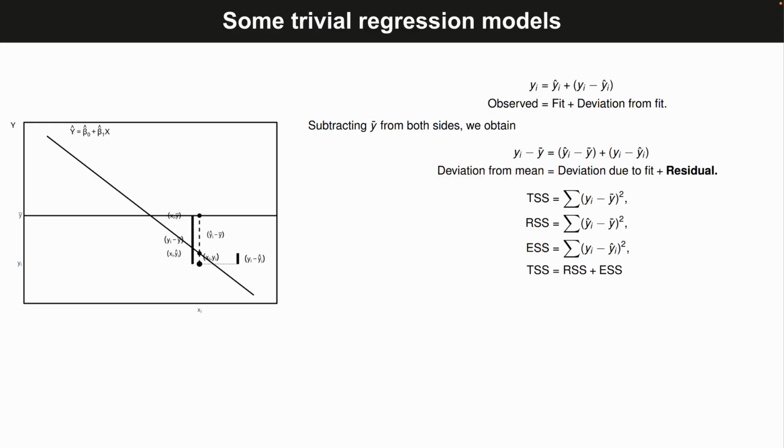You can write it in the form of the fit, which is yi hat, and simply I can add and subtract that yi hat value, which is what it shows. You can do the same thing against the mean. Now I can subtract y bar from each of these equations, and you will get this relationship, and you'll be questioning, why am I talking about this?